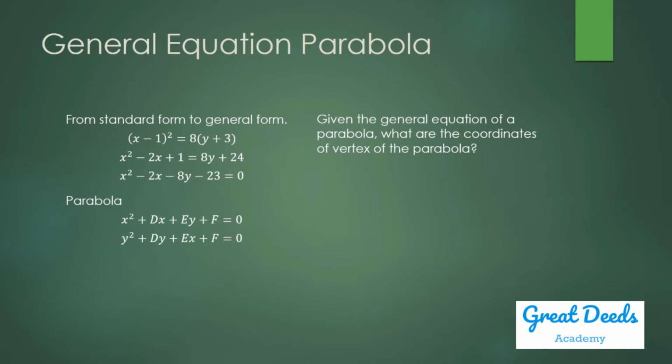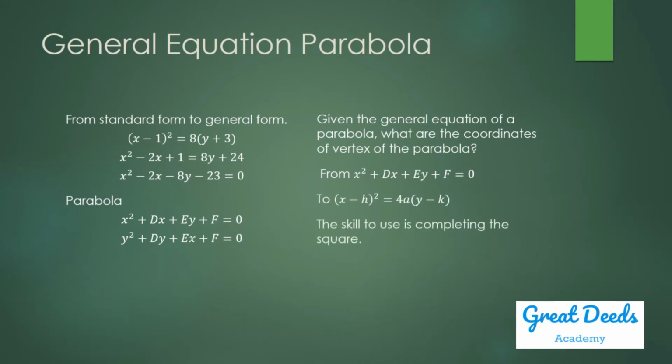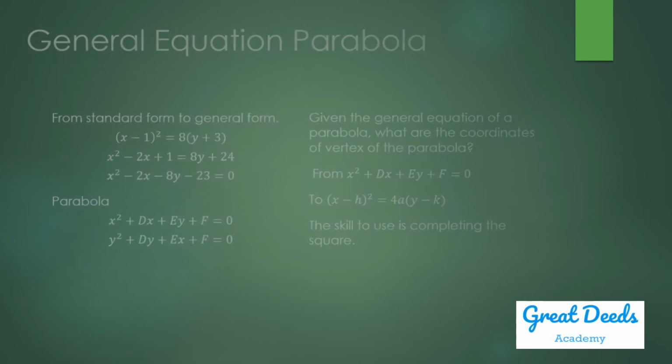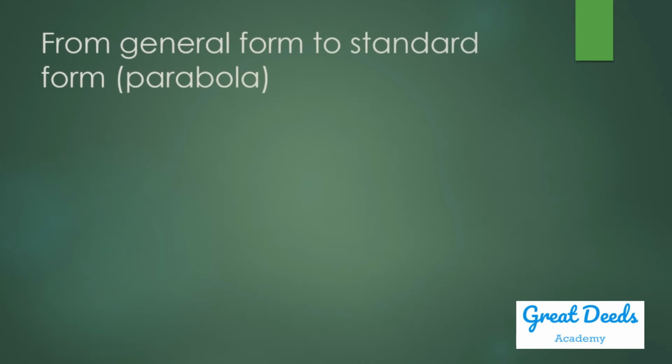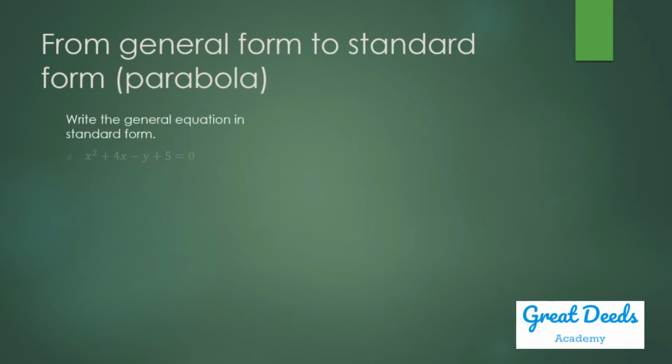But when your equation is in general form, you must write it in standard form so that you can see the coordinates of the vertex of the parabola. Again, the skill to use here is completing the square. Write the general equation in standard form.